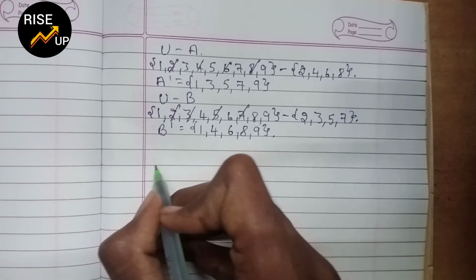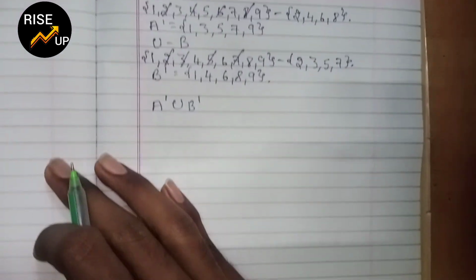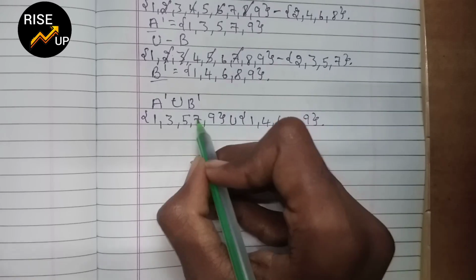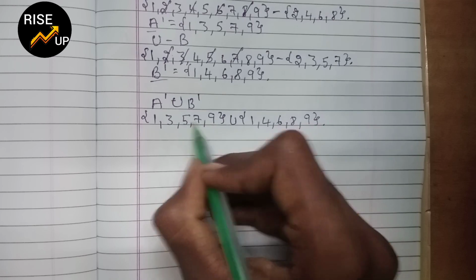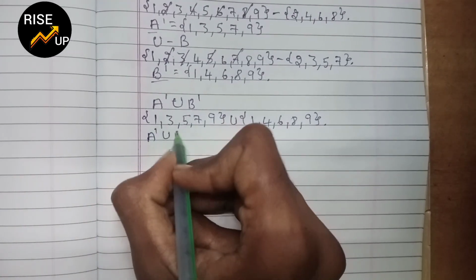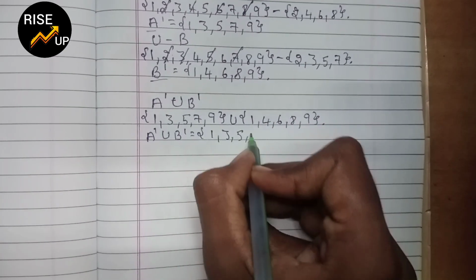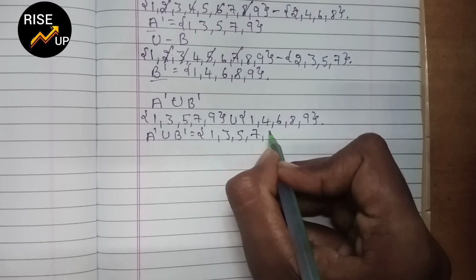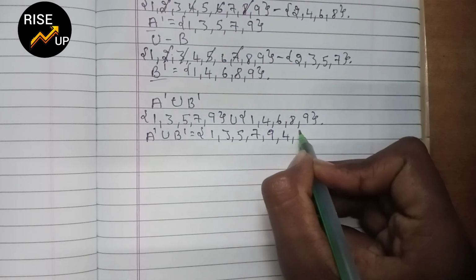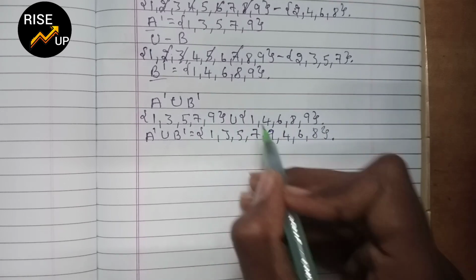Now the last step is A complement union B complement. That is your right hand side. Write down the elements of both the sets that you have received here and here. Union means you have to write all the elements of both the sets. Now the elements of both the sets are written.